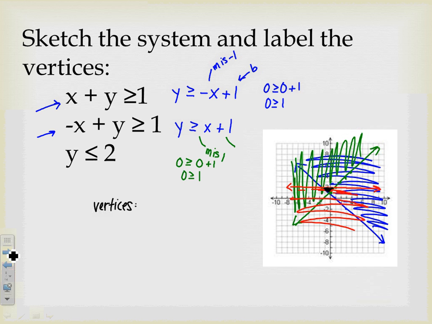So if you look closely, we have a vertex at (0, 1), another vertex at (-1, 2), and another vertex at (1, 2). Okay, so those three vertices frame up that triangle that finds our solution region.